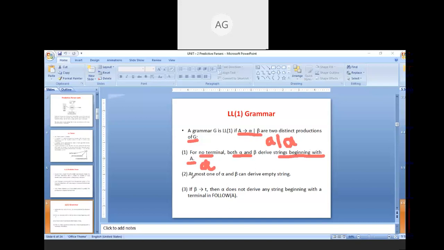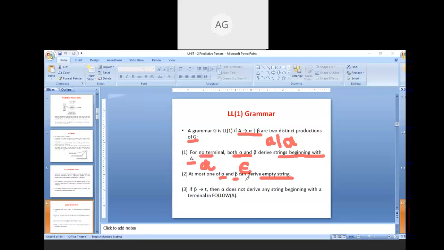The second condition is that at most one of alpha and beta can derive the empty string. It means that at the maximum only one of alpha and beta can be epsilon, but not both.